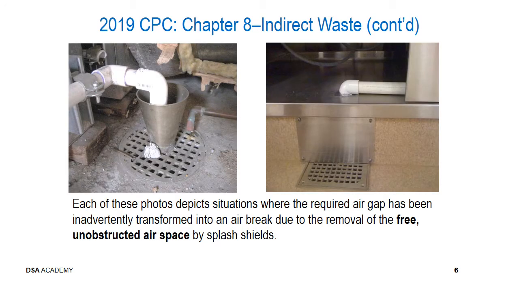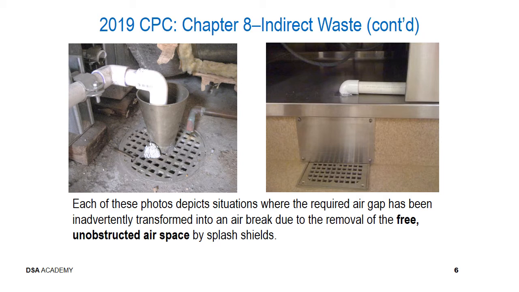This slide shows a couple of photographs of what were originally designed and required to be indirect waste pipings with air gaps. However, the air gaps have been defeated by a couple of accessories that were installed. The one on the left shows a cone. It's basically a splash cone.